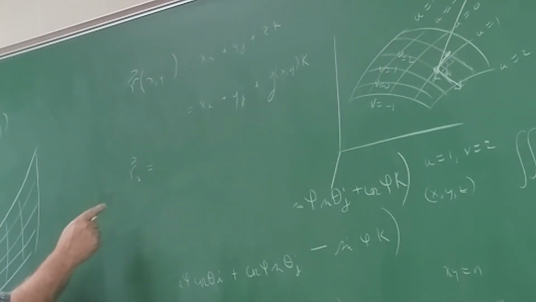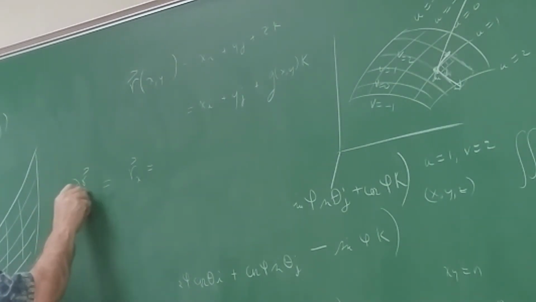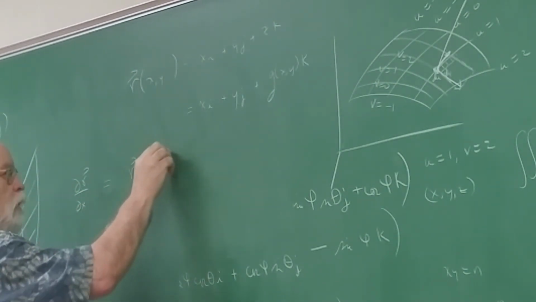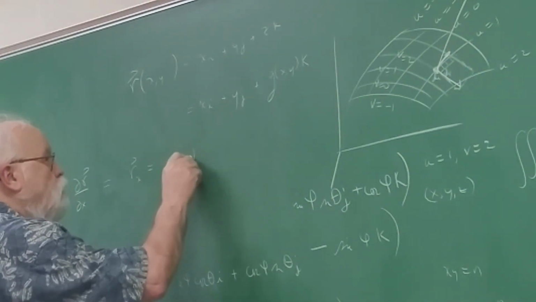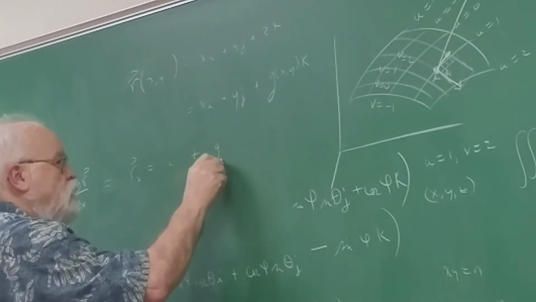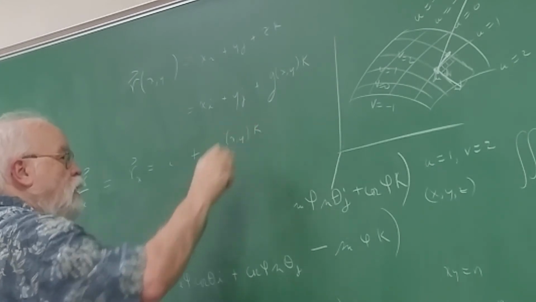Oh, derivative? Yeah, so this is del r del x. It's gonna be i, plus 0 j, and that's it. Really? Plus, I'm gonna write it as g sub x k. That's the derivative.